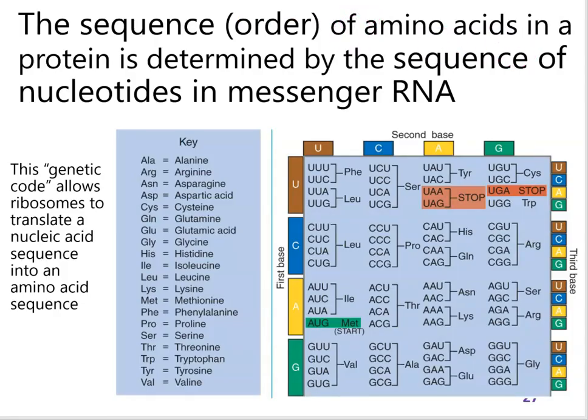It's an amazing process, and we will not look at it in any detail unless you come to office hours and ask me about it, because when you learn how a ribosome works, your head will explode and you'll have to put it back together.